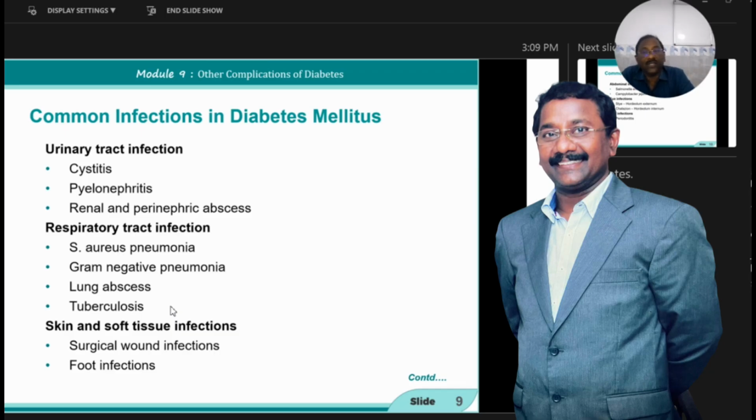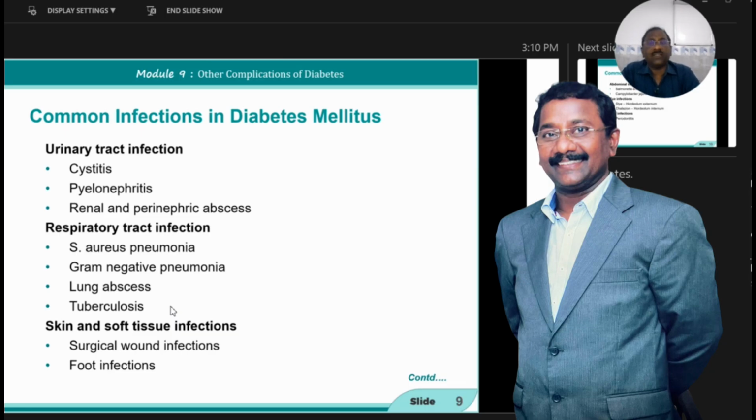And they are all worrying about the infection. They use a lot of antibiotics there, but in spite of that, a lot of cases will have wound infections, surgical wound infections. Again, we have to send the pus for culture and sensitivity, wait for the report, and then change the antibiotics, and then keep on changing the antibiotics. Finally, some of the people die in the hands of the intensivists with the diagnosis of septic shock following the surgical wound.